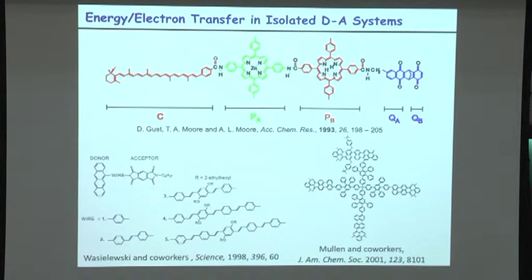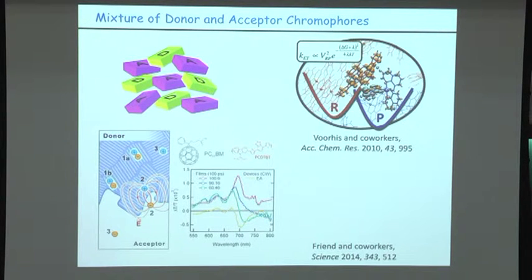You can also see the works from Klaus Müllen and co-workers, where they make an extremely complicated molecule in order to see whether that can have sustained charge-separated species. And it went on for a while wherein people made different architectures.